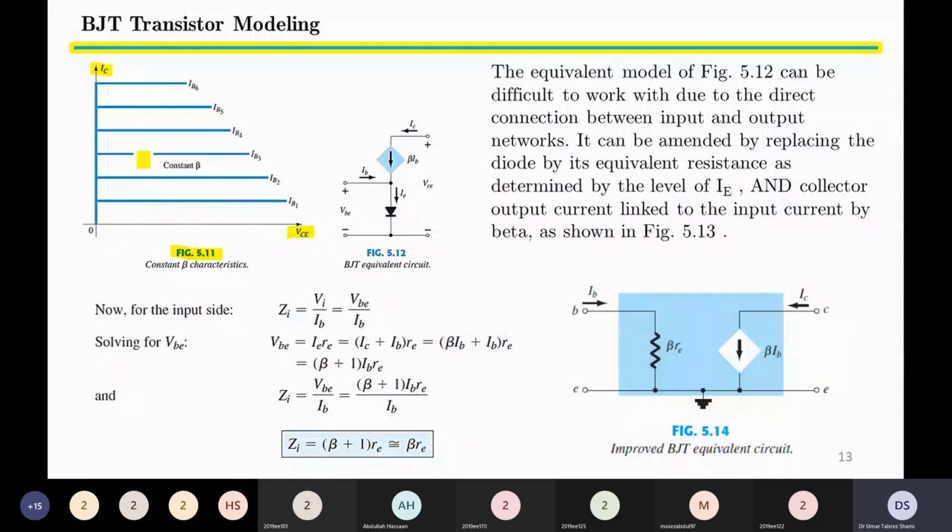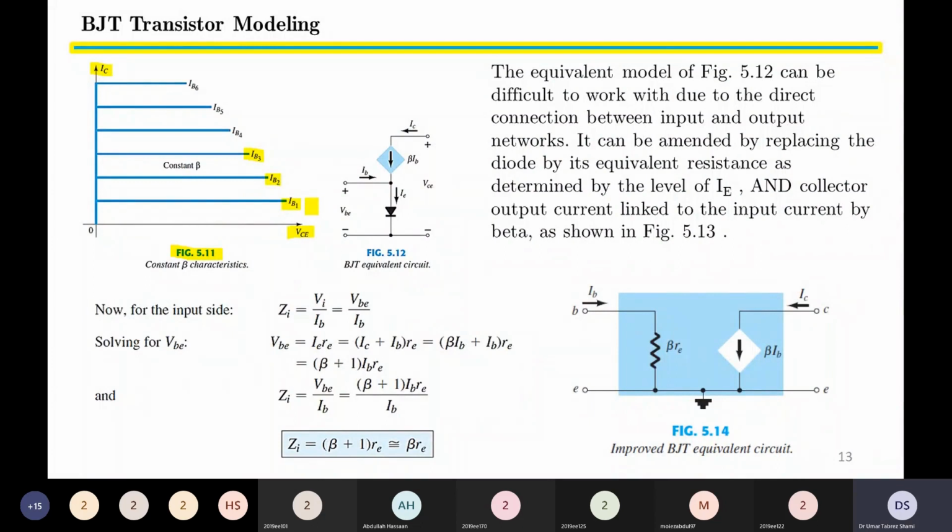We see a number of graphs which correspond to different values of base current. The first graph corresponds to IB1, when base current 1 flows from the base emitter.